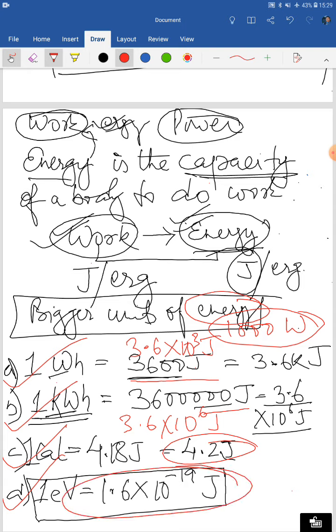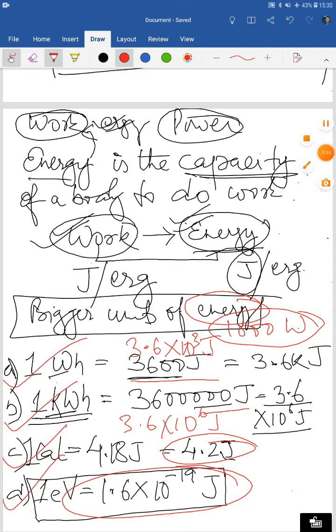So please note down all the relations for energy, relations for power, bigger units, as well as the relationship between HP, horsepower, and the SI unit of power, that is watt. And also do remember this relation of bigger units of energy, that is watt hour, kilowatt hour, calorie, and electron volt.